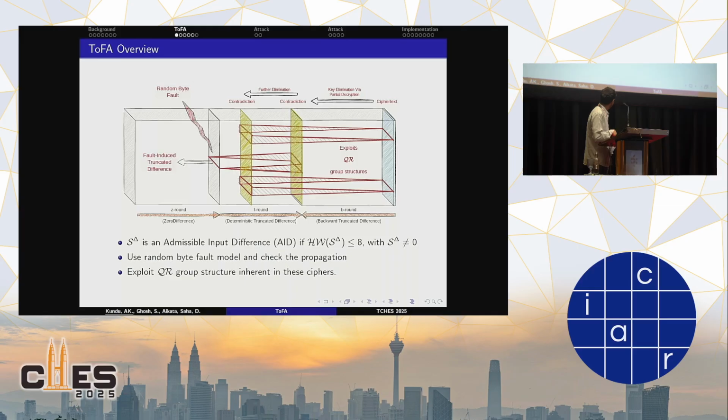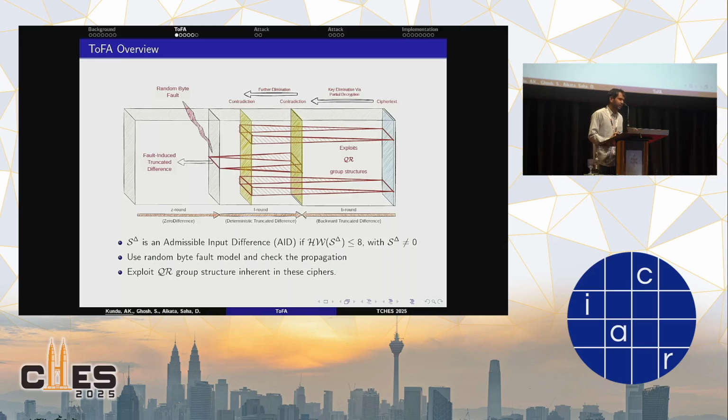The difference will propagate for f rounds and generate some pattern in the intermediate rounds, and we will use these patterns to recover the keys for the last 2 rounds. Here we will guess the last 2 round keys, use the distinguisher, and reduce the key space.